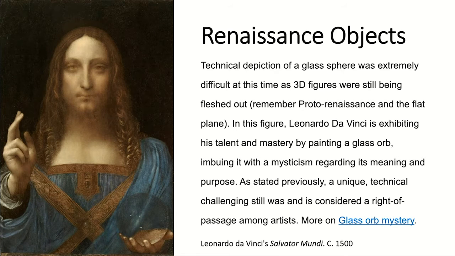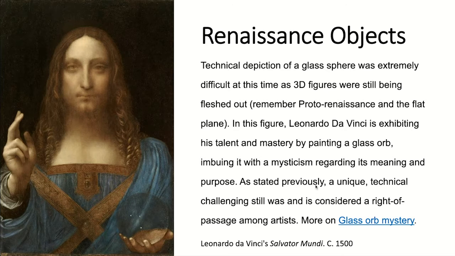In the Renaissance, which is about 100 years later, technical depiction of a glass sphere was extremely difficult at this time, as 3D figures were still being fleshed out. Remember Proto-Renaissance and the flat plane. In this figure, Leonardo da Vinci is exhibiting his talent and mastery by painting a glass orb, imbuing it with mysticism regarding its meaning and purpose.